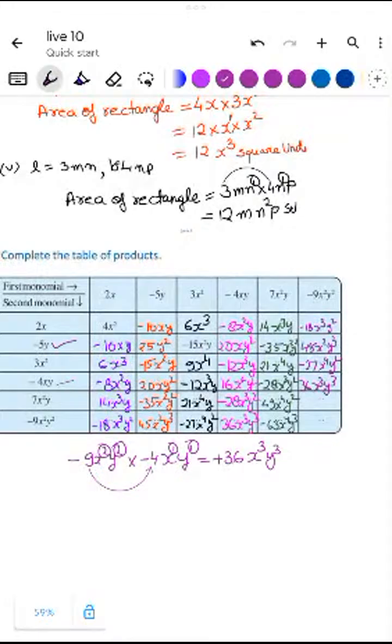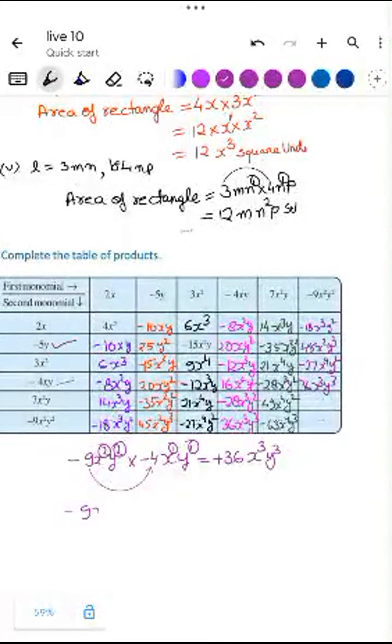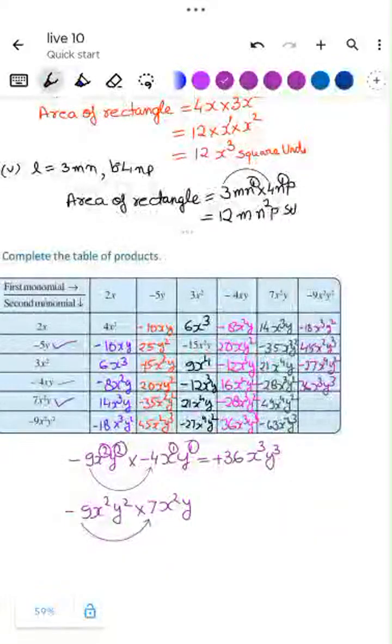Now next is negative 9x square y square into 7x square y. So negative 9 into 7 is negative 63.